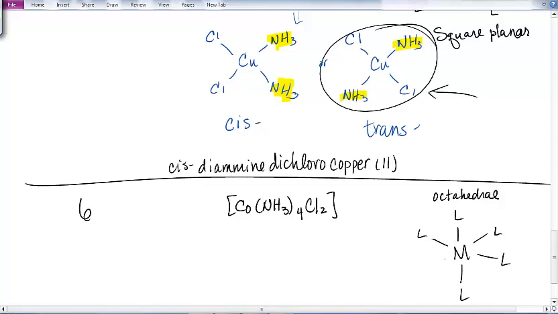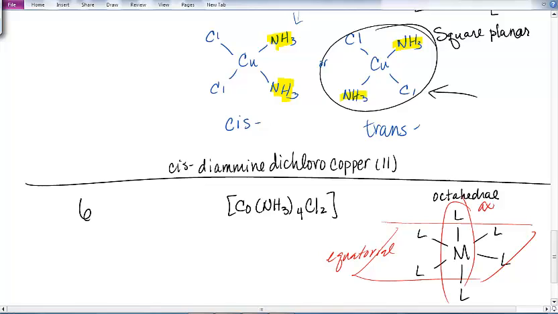We learned about octahedral with atoms, or I'm sorry, with molecules. This is no different. Some of that same terminology applies, like equatorial and axial positions, just in terms of referring to those things.